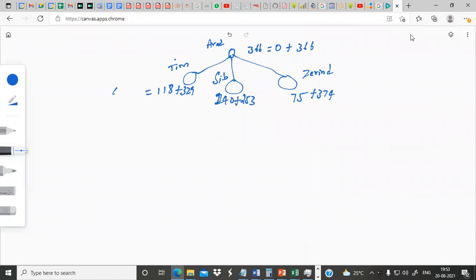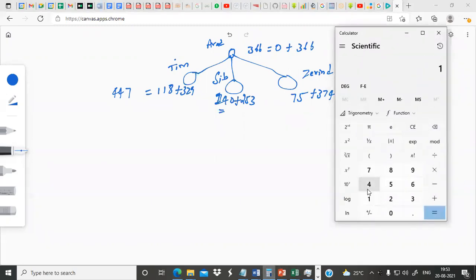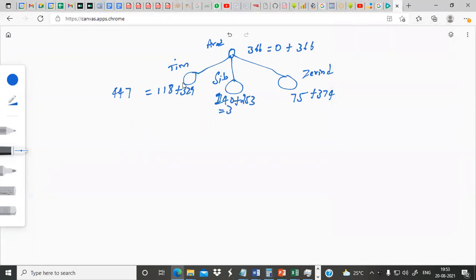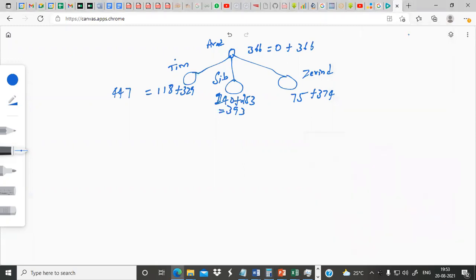Then what is the cost of this? 140 plus 253 is 393. And what's the cost of this? 75 plus 374. It is 449. So this is 449.